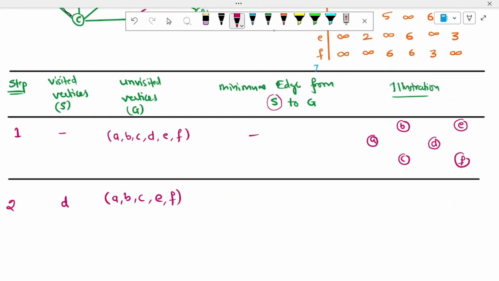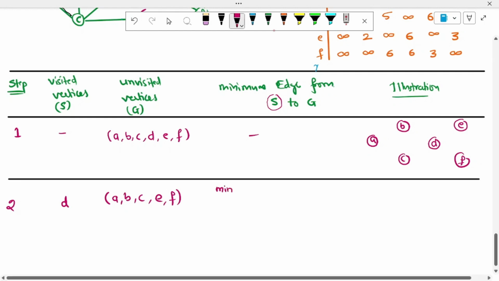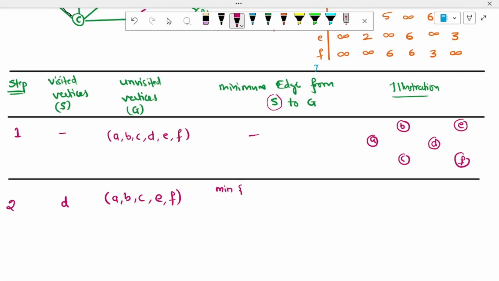To find out the minimum edge, you can write minimum of, you need to find the edges from S to G. This is our S and this is our G. So I can have an edge like this, D to A, and then another edge D to B, another edge D to C, another edge D to E, and another edge D to F. Right.